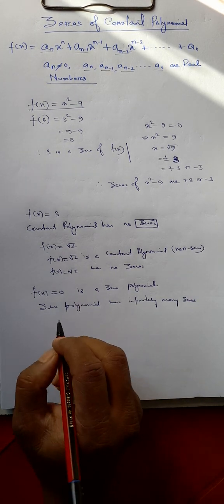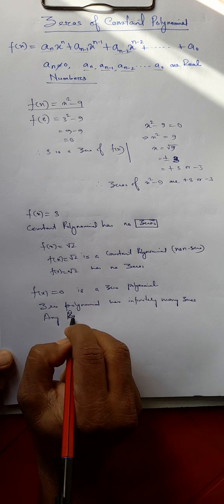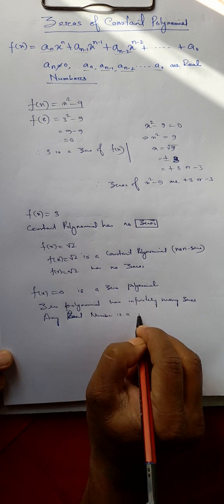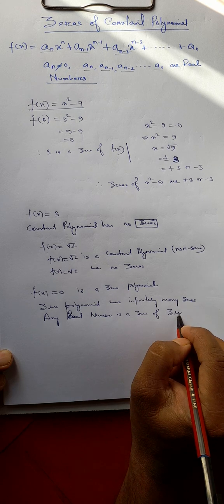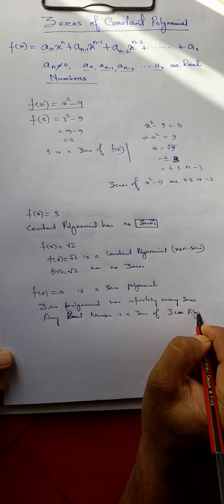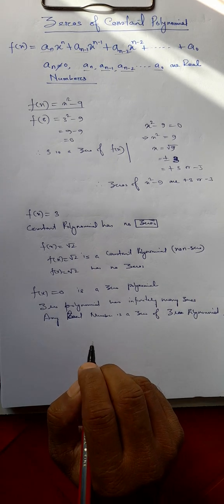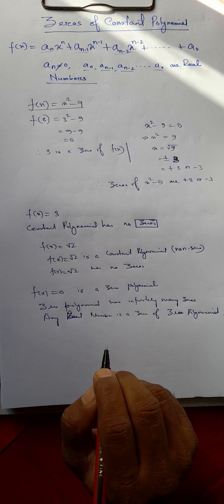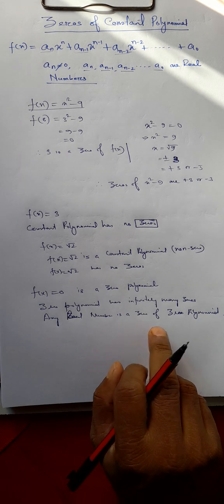Any real number is a zero of the zero polynomial. Now we know that there are infinitely many real numbers, so the zero polynomial has infinitely many zeros.